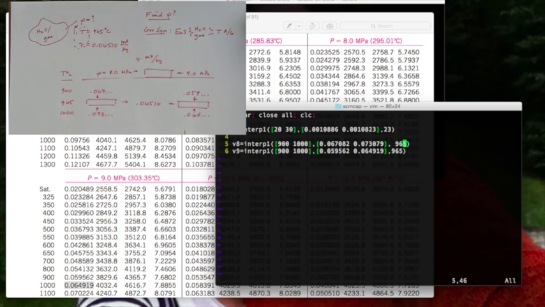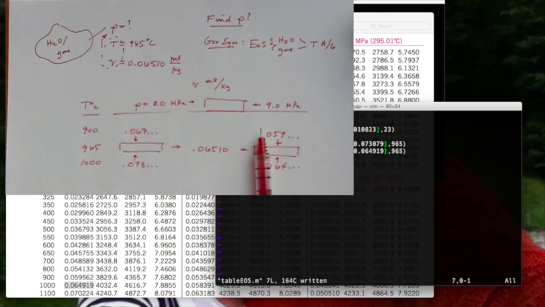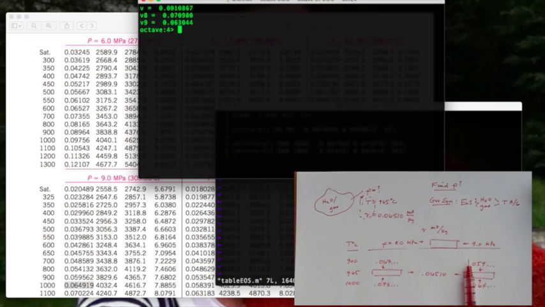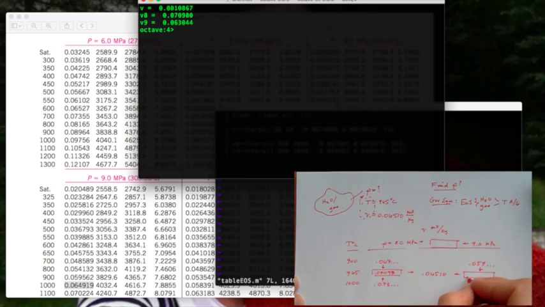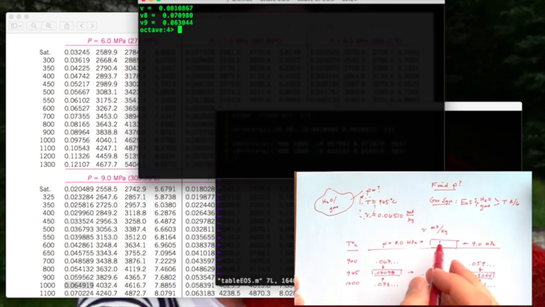And then lastly, what we'll do is interpolate between these two values to get the value right here. Let's just run this code as it is at the moment. So the number that goes right here is going to be 0.07098, and the number that goes right here, 0.063044.